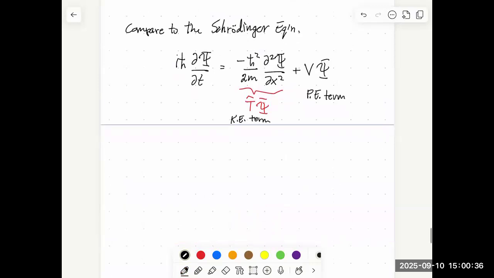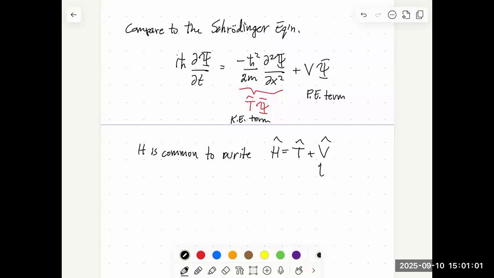Okay, so it is common to write a new operator Ĥ equal to T̂ plus V̂, where V̂ is just going to be the potential energy.